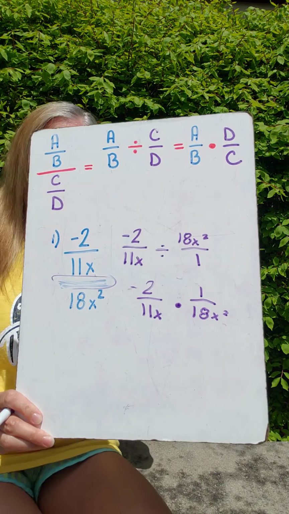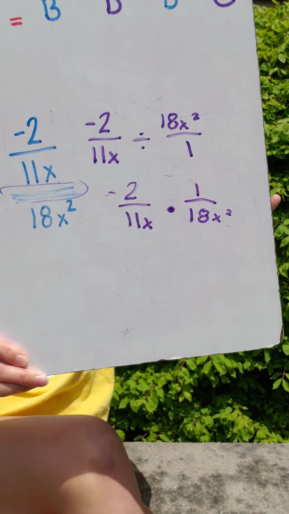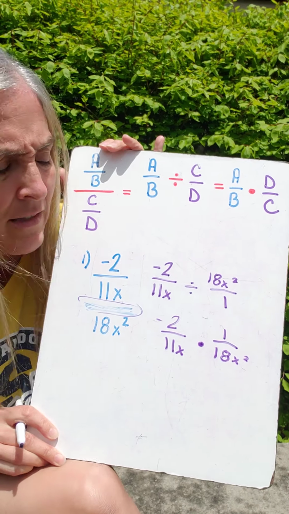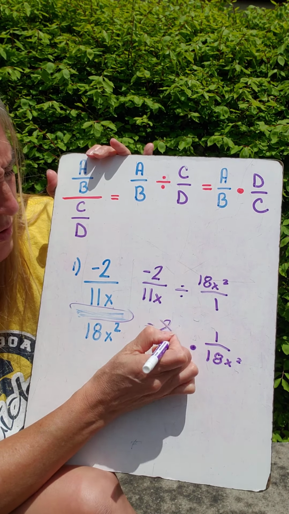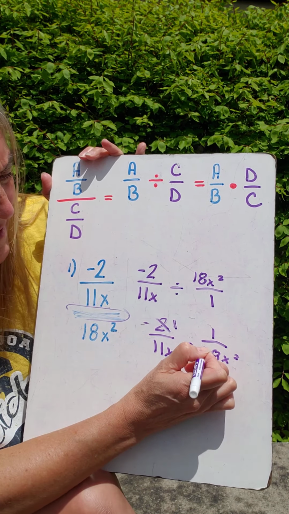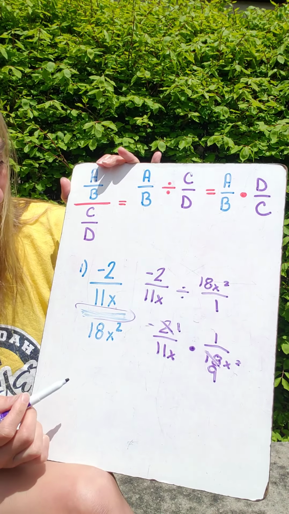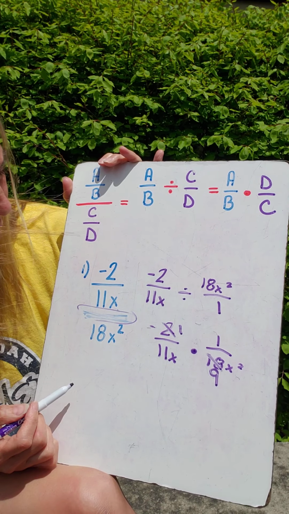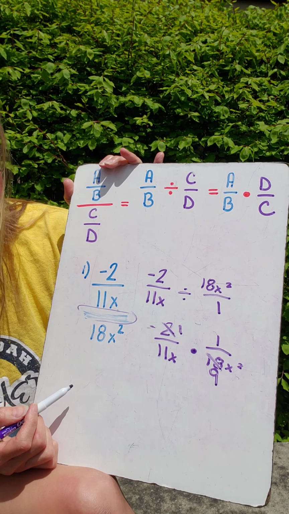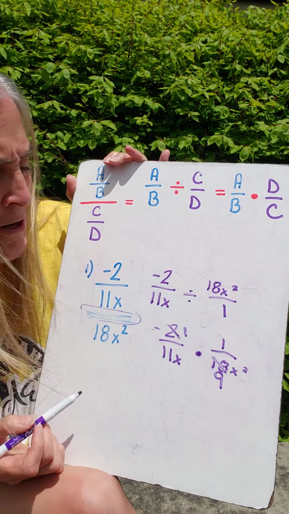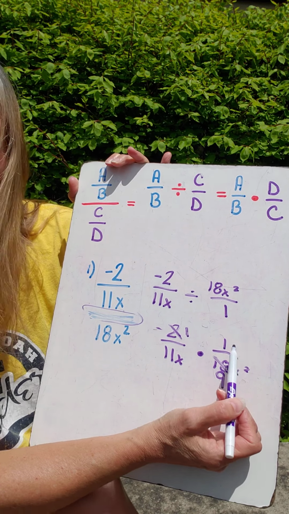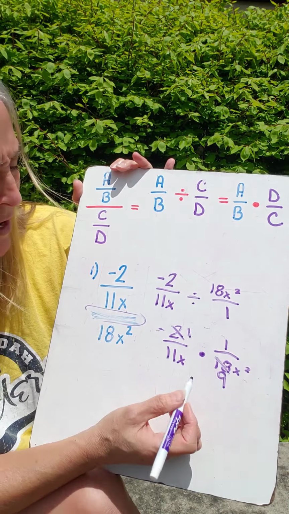Now, since these are already ready to be canceled, we can take this 2, divide it by itself, and get a 1. This 18 divided by 2 is going to give me a 9. And that looks like the only thing that's actually going to cancel. So I'm going to multiply straight across, because when you multiply fractions, you go straight across.